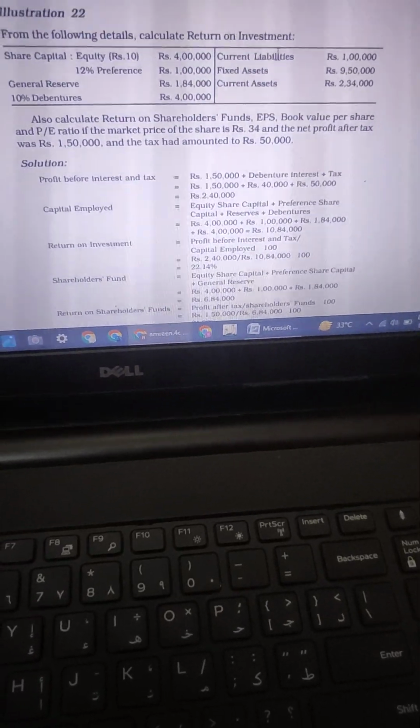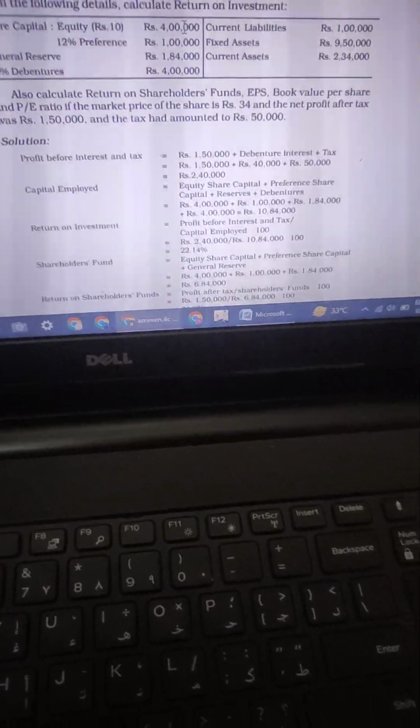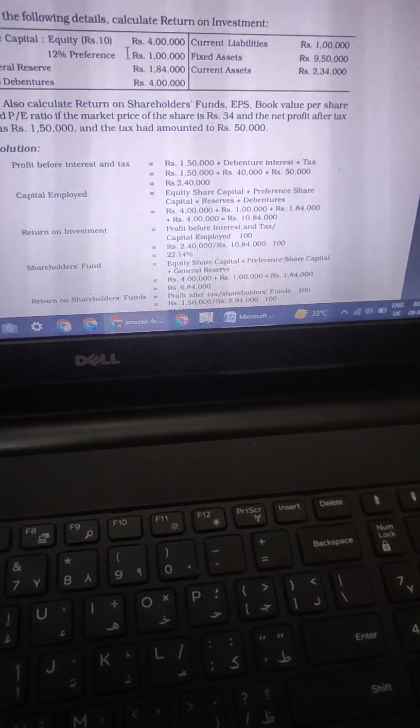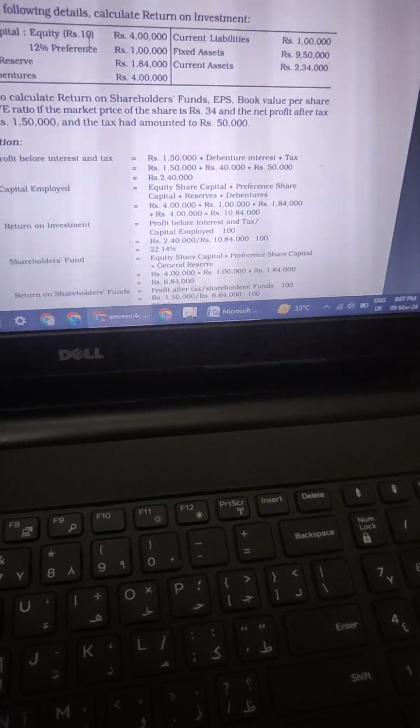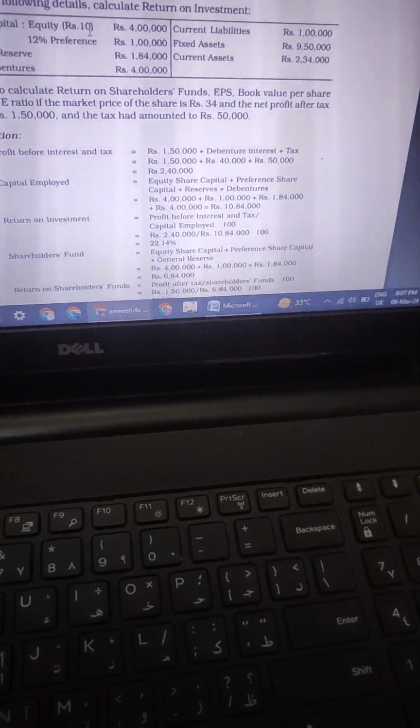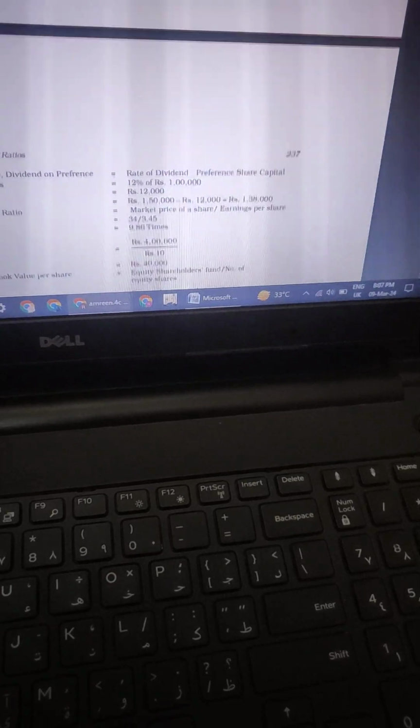The total amount of equity shares is given as 4 lakhs, and the amount per share is given, that is 10 rupees. So the number of equity shares will be 4 lakhs divided by 10, that is 40,000.